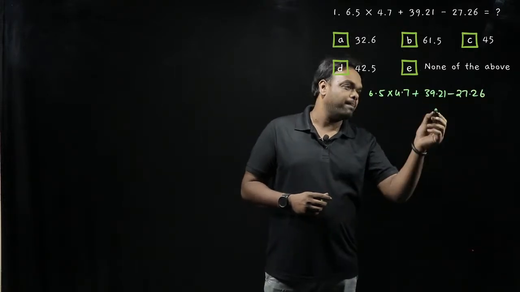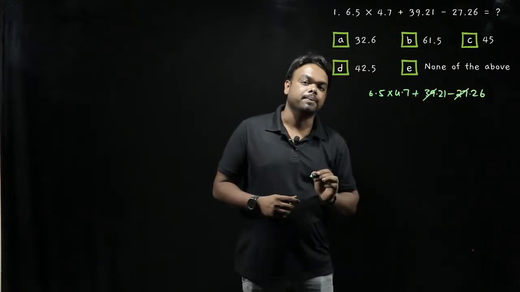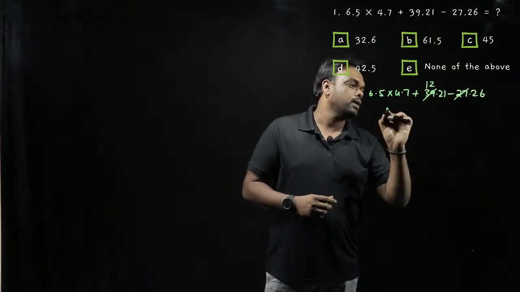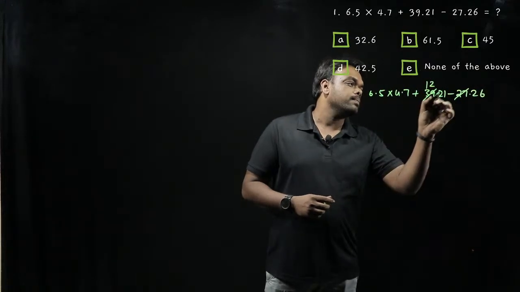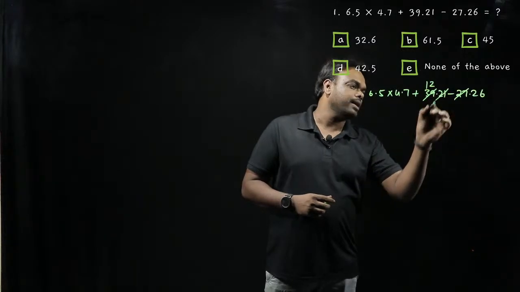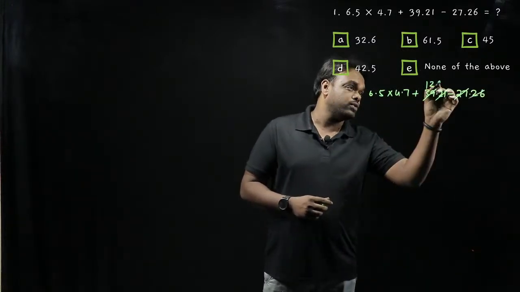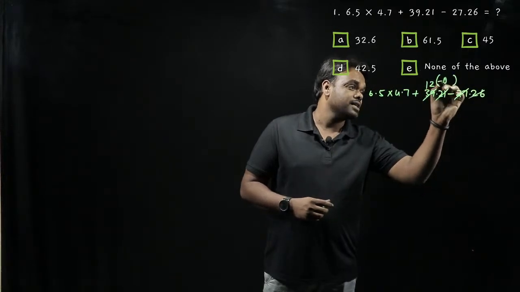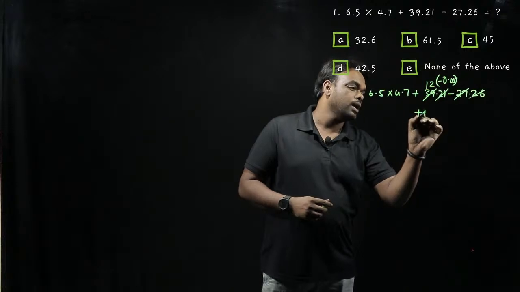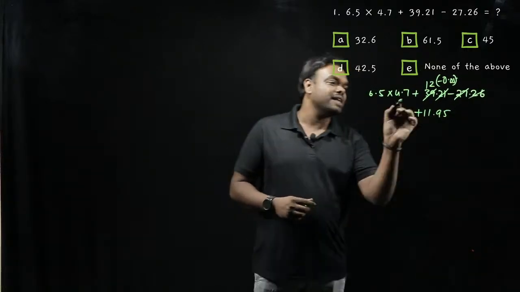If we eliminate 27 from 39, I am left with 12. Now 12.21 minus 0.26 gives minus 0.05, so this becomes 11.95. The rest of the part is the multiplication.